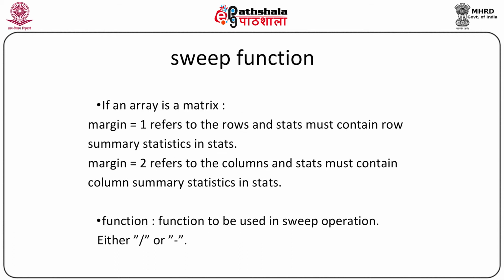Now if the specified array is a matrix, then margin equal to 1 refers to the rows and stats has to contain row summary statistics. Margin equal to 2 refers to the columns and stats has to contain column summary statistics.